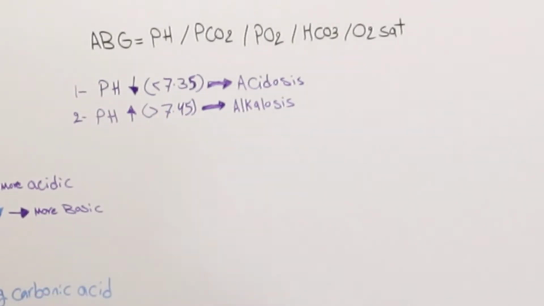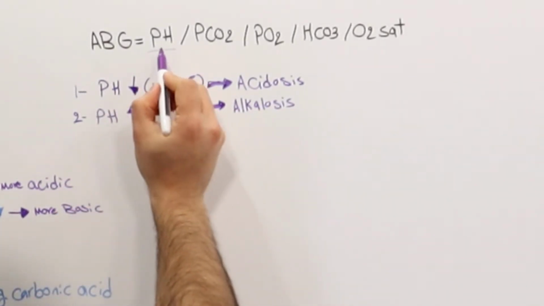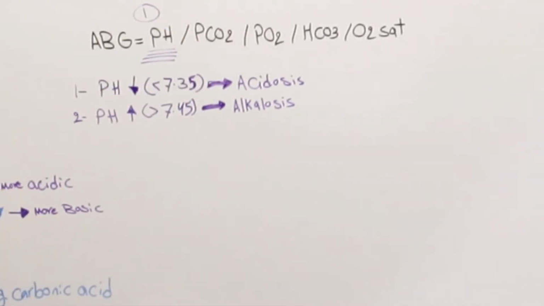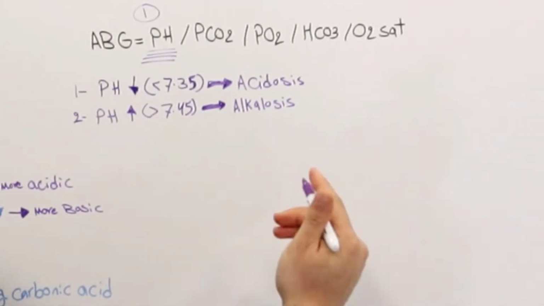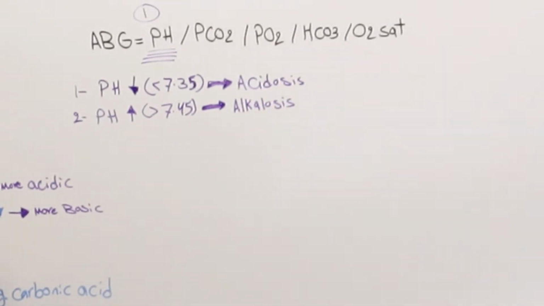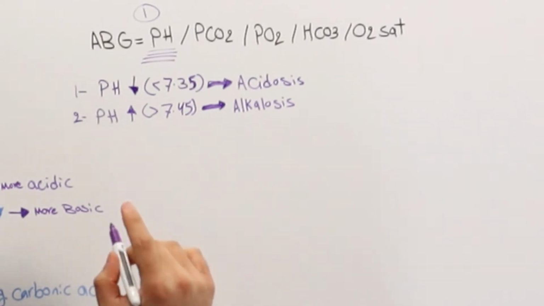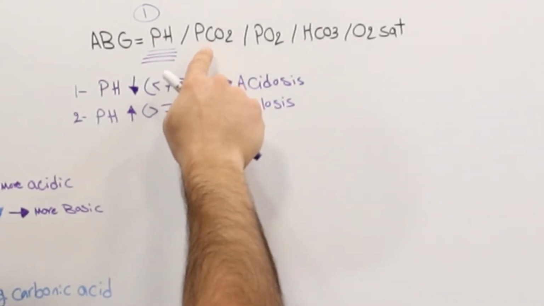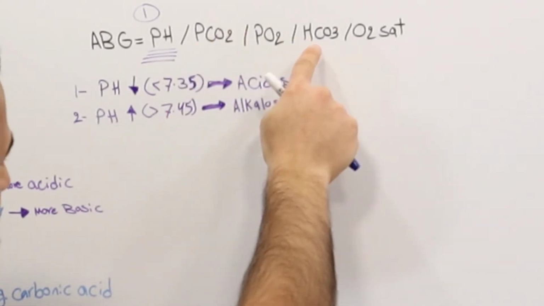So whenever you're looking at ABG, an exam, or a quiz, or you're working in your job, the first thing that you want to look at is the pH. This is the very first thing, number one, because you want to determine if it's acidosis or alkalosis. Then we're going to look at PCO2 and HCO3.